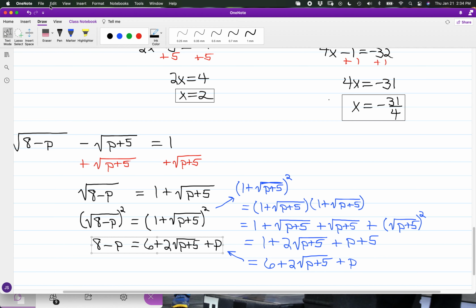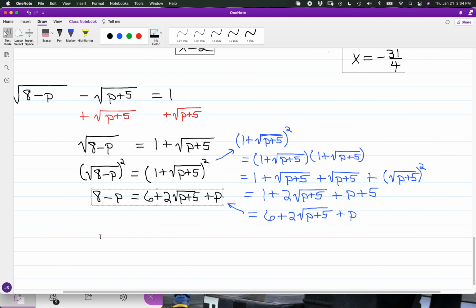And looking at what we have, again, we still have a bit of a radical remnant, with 2 times the square root of p plus 5, and I'm going to get that term by itself. So I'm going to move the 6 over by subtracting, and also the p from the right.